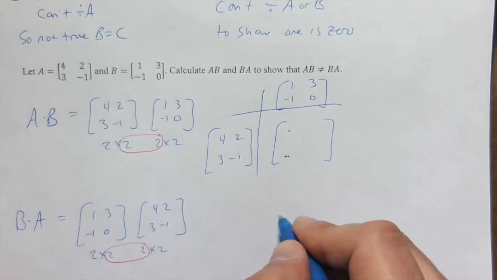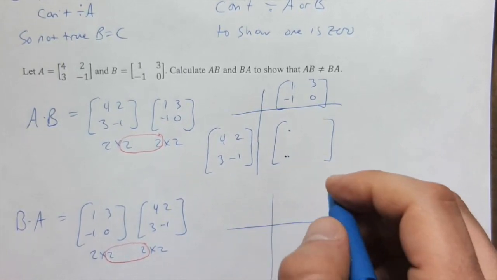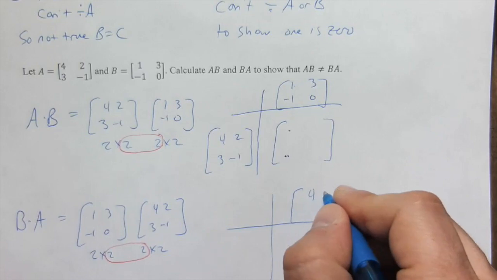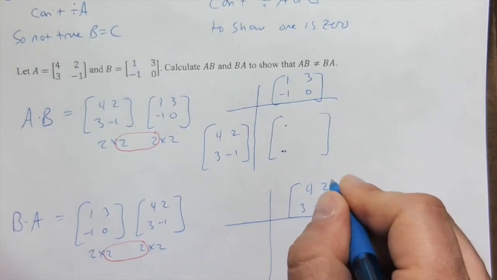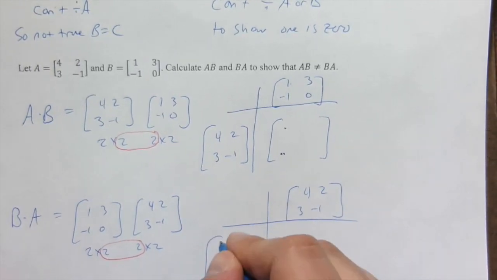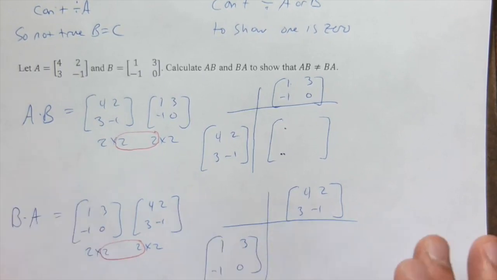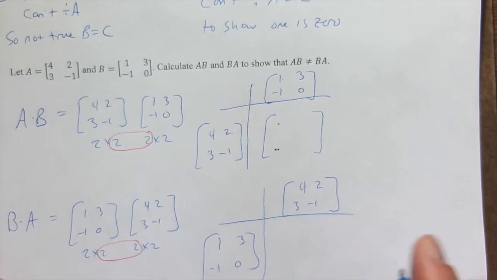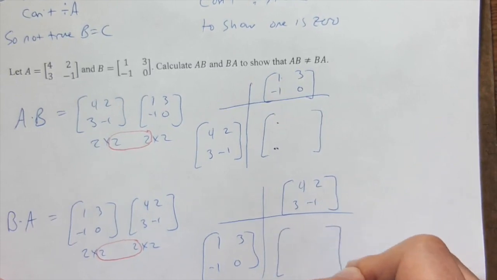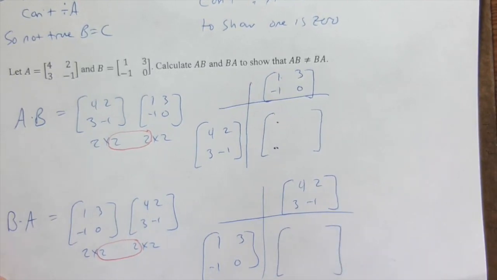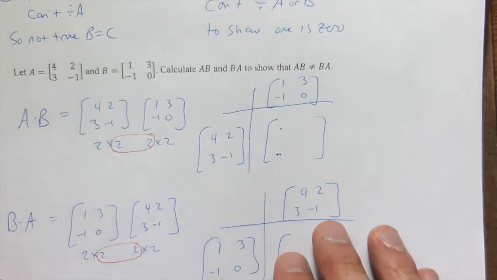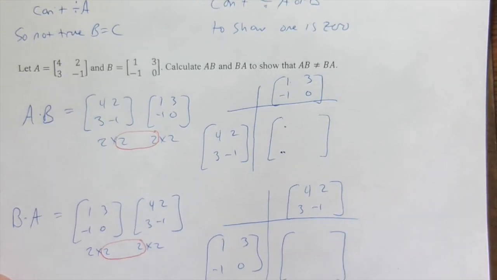This is the whole point of this section, learning how to multiply matrices. So finish this up and see whether you get the correct answer when we multiply these two things together. Pause the video real quick and try this.